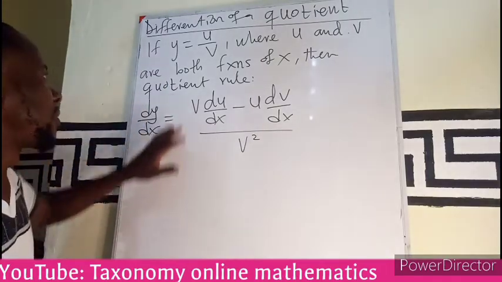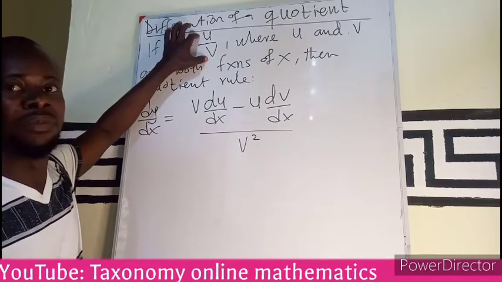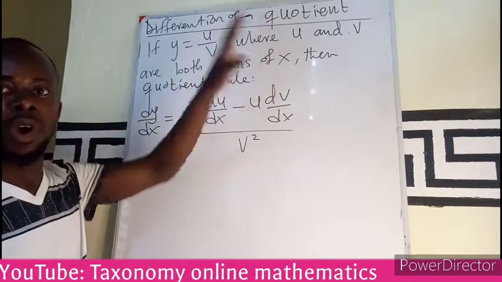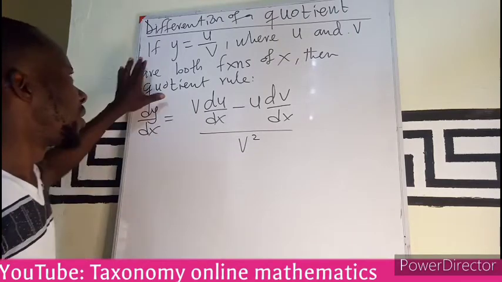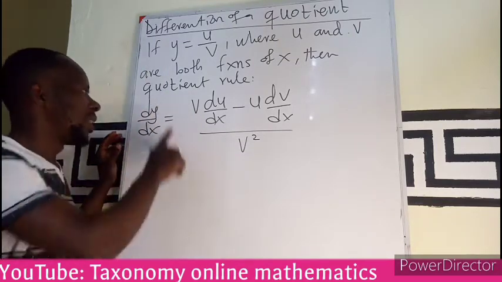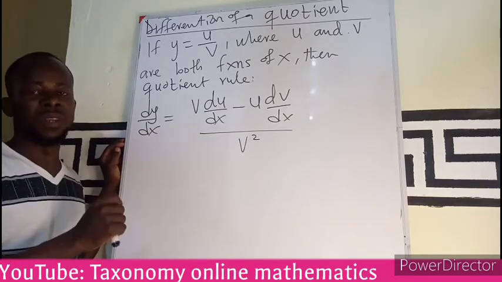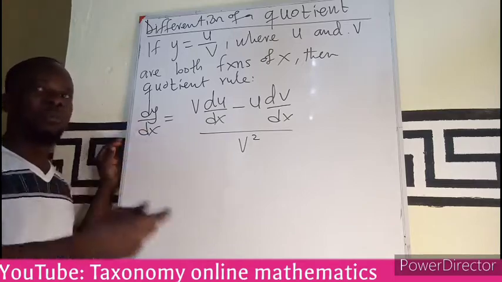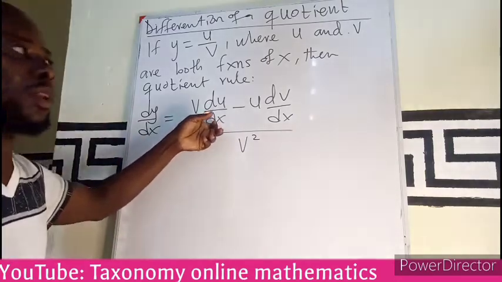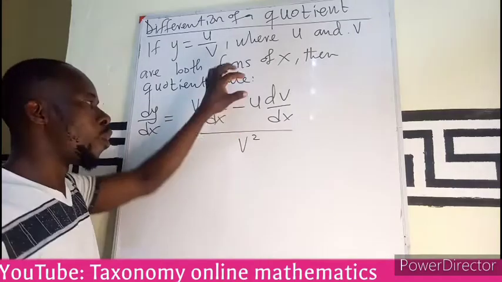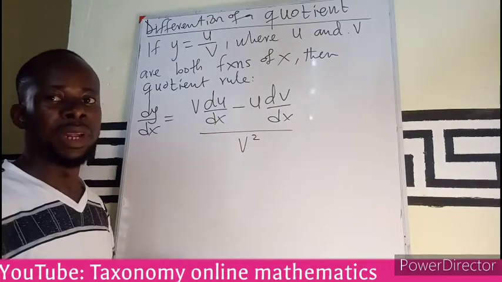So if I have a function y as a function of u over v, where both u and v are functions of x, then the differentiation dy dx is going to be: I am going to hold the v function, the denominator, then multiply it by the differentiation of u, the numerator, minus holding the numerator, multiplying it with the differentiation of the denominator.